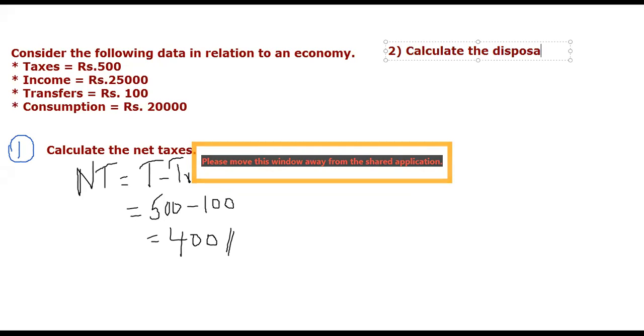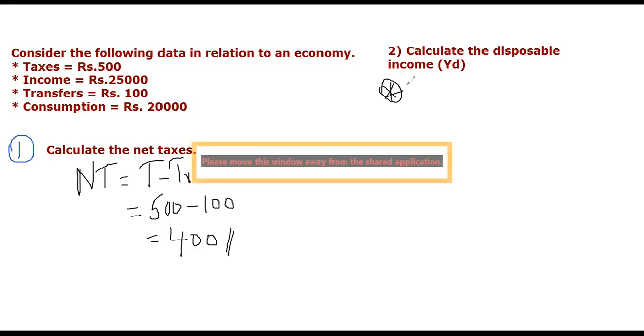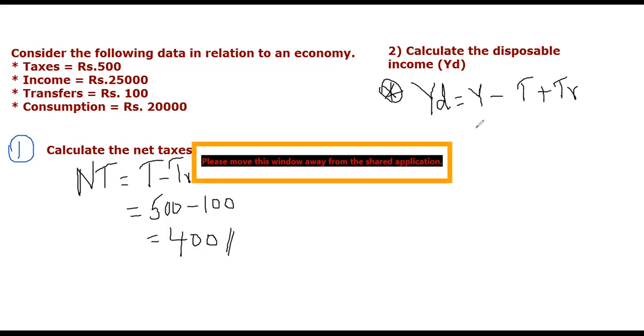Calculate the disposable income. What is that? YD. Calculate the disposable income. You know, when you calculate disposable income, YD is equal to Y minus T plus TR. So how much is Y?